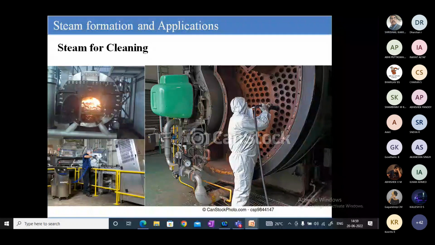This is steam for moisturization. You can see the paper mills, where the paper flows through more than 32 different stages. The trees are put into wood and made into chips through various processes, and that is screened out, and smaller particles are taken to the point where chemicals are added, and it is blown to the tank.